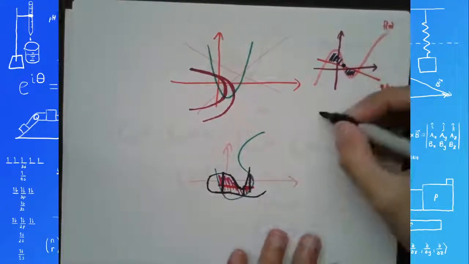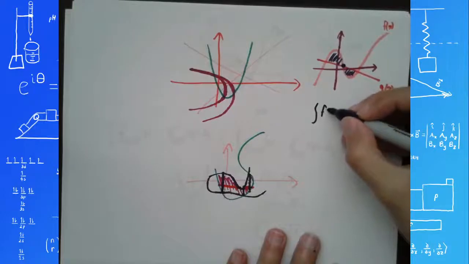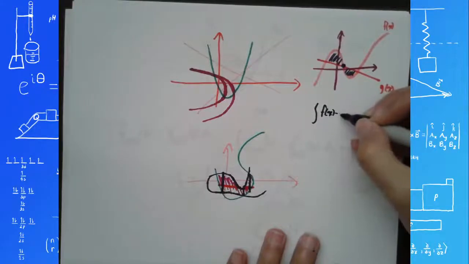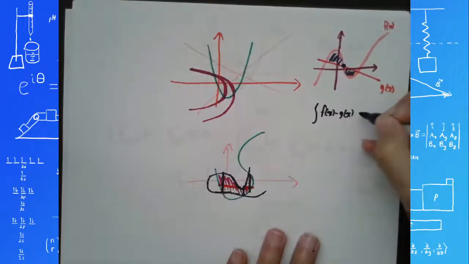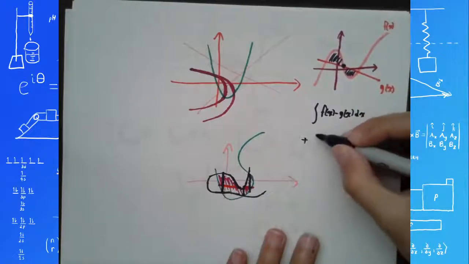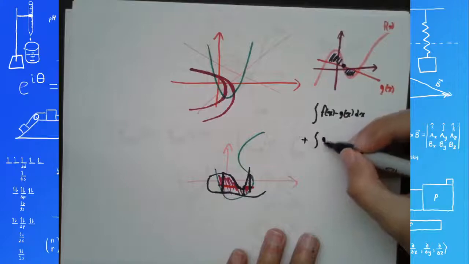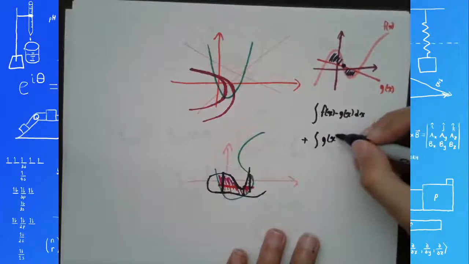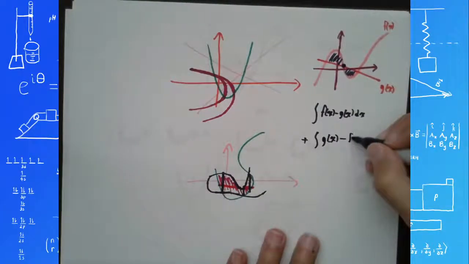So for this one, you'd have to do an integral of f of x minus g of x first, and then plus your other integral. You need a separate integral because it changes to g of x minus f of x after that point.